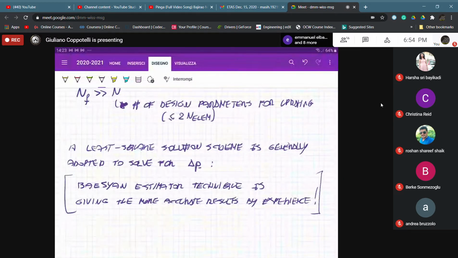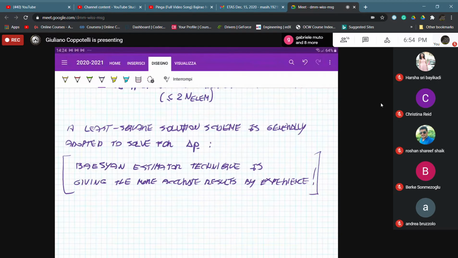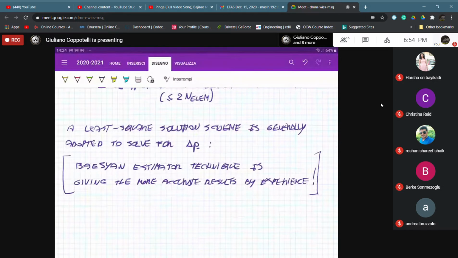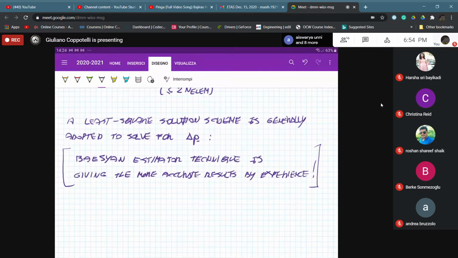And in order to introduce this Bayesian solution technique, we can say that if there are some rows that are characterized by a higher accuracy than others, then maybe we can introduce some weighting matrices in order to give more importance to such rows.